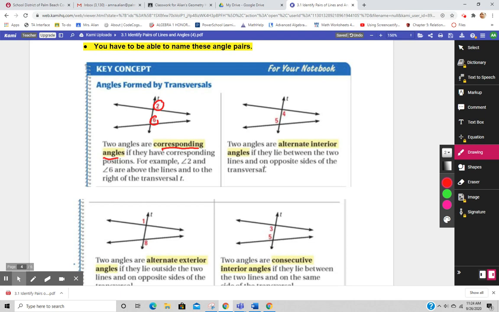They are on the same side of the transversal, and they are above the lines. These two angles in this position are on opposite sides of the transversal, and they're inside the lines. So we call them alternate interior angles.